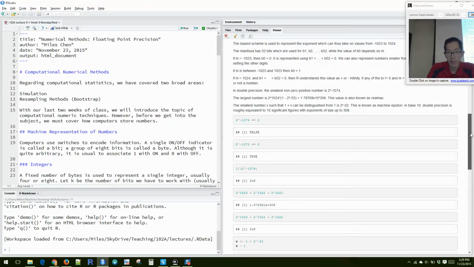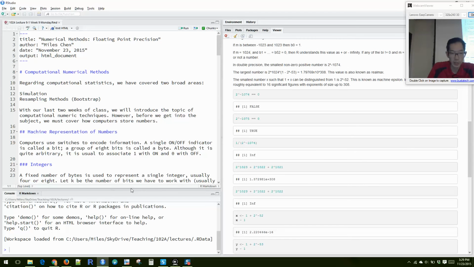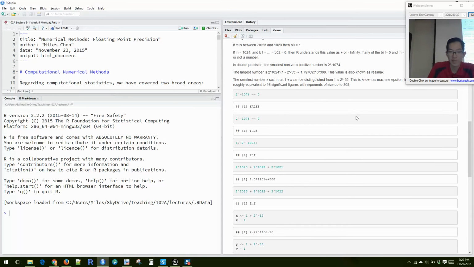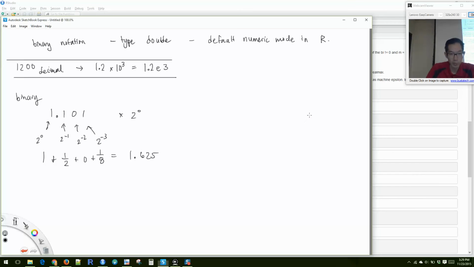This is how we represent our floating point numbers. But again, because we're forced to have a finite number of digits, you get a few strange behaviors here. Let me just cover a few things.